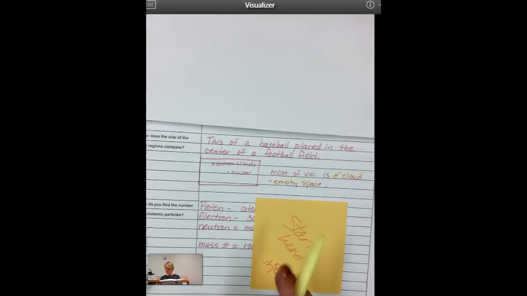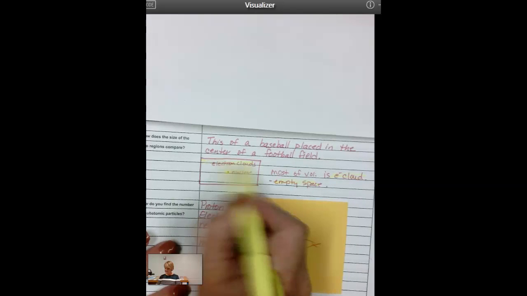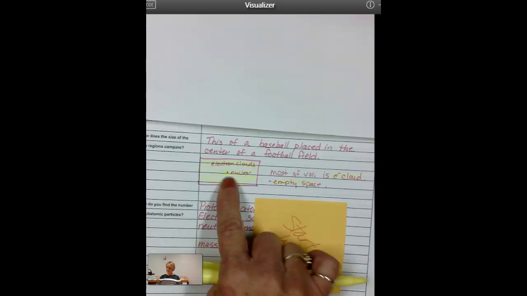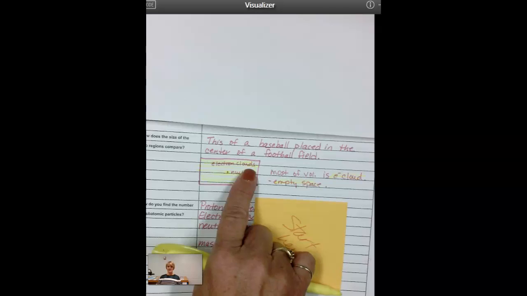What I want to say is the correlation between these two things: it would be as if you had a baseball put in the center of a football field. That is the relationship between the nucleus and the electron cloud. So that's how much bigger that electron cloud is compared to the nucleus.